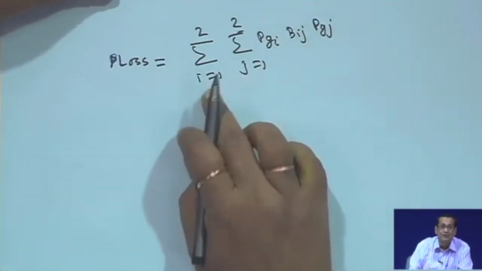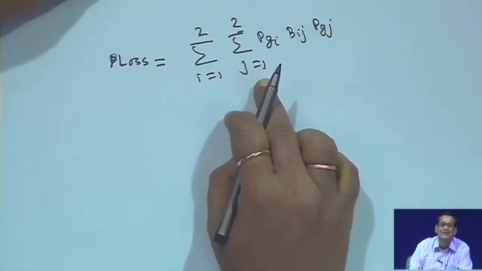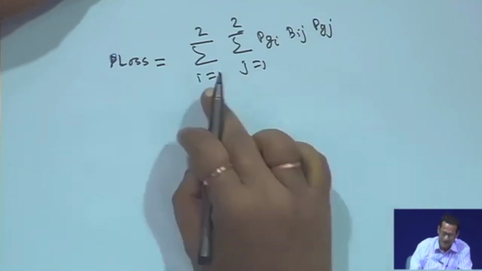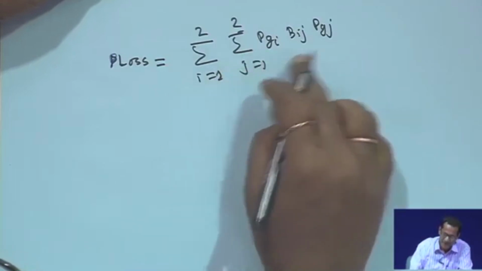So, when i is equal to 1, it is actually a 2 for loop, 2 sigma means 2 for loop. When i is equal to 1, j varies from 1 to 2.